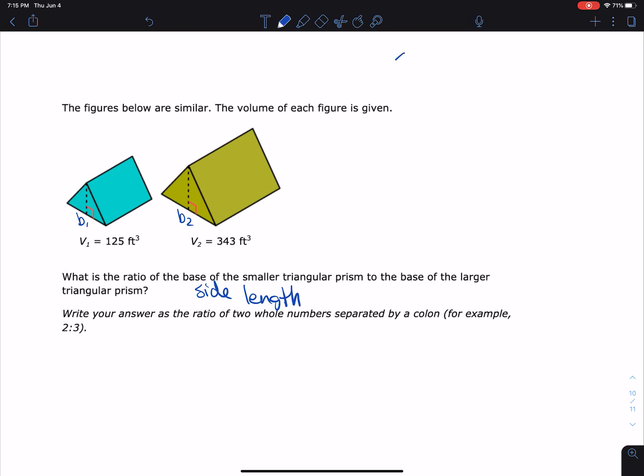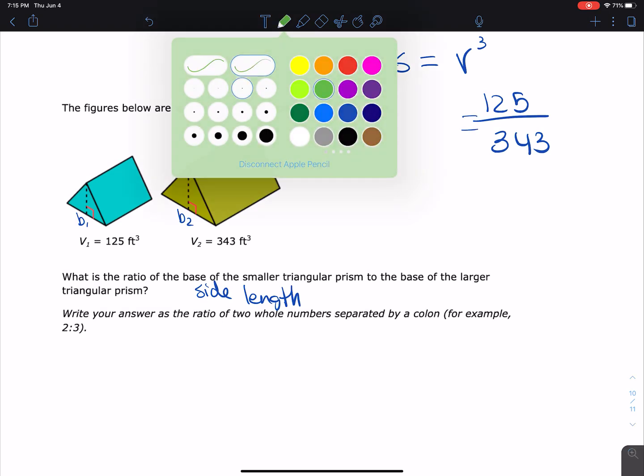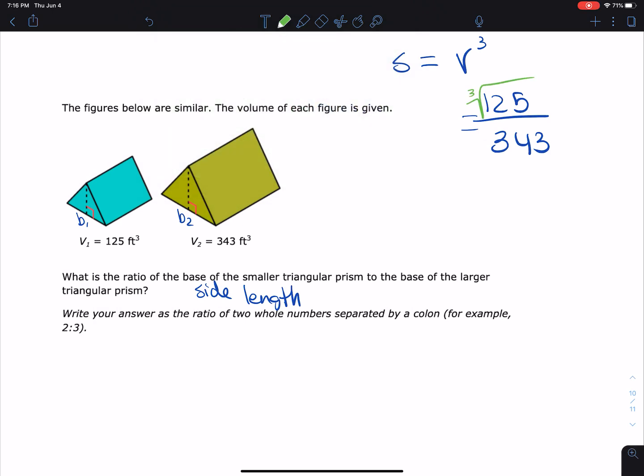So I'm doing side length to volume, okay? And what they're giving me is the volume ratio. So the volume ratio would be 125 to 343. So volume is cubed. So what I'm going to do here is I'm going to cube root it. So that would be the cube root of 125, that's a 5.